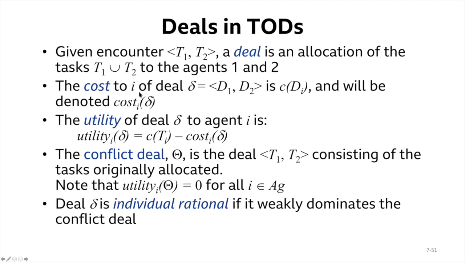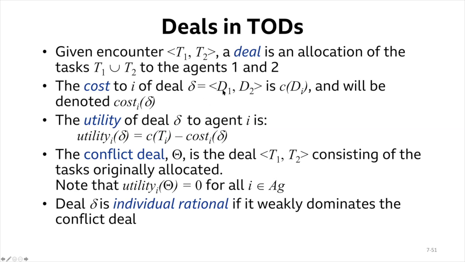And the cost to agent i of a deal is just the cost of carrying out its part of a particular deal, right? So if I propose a deal D1, D2, this is where robot 1 carries out the task D1 and robot 2 carries out the task D2, and the requirement that the deal includes all of the tasks just says that all of the original tasks have to be carried out.